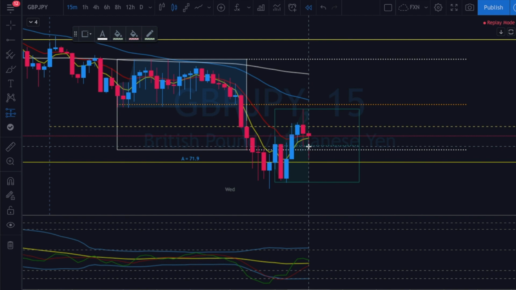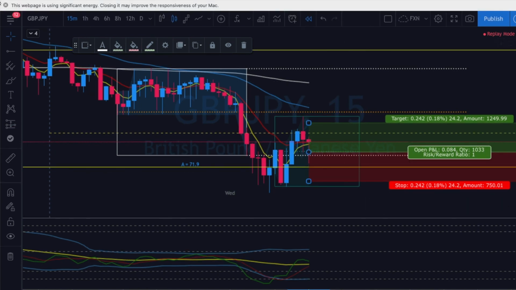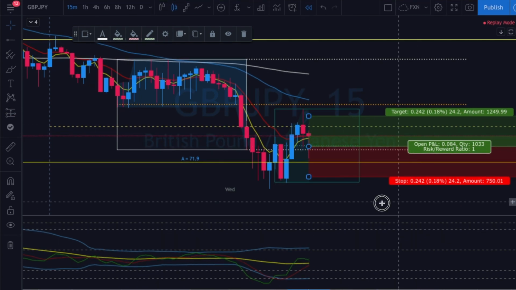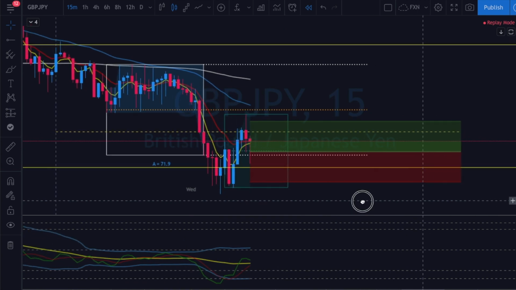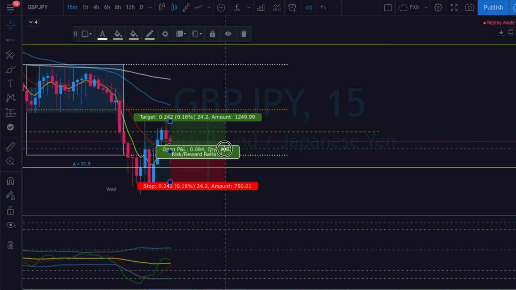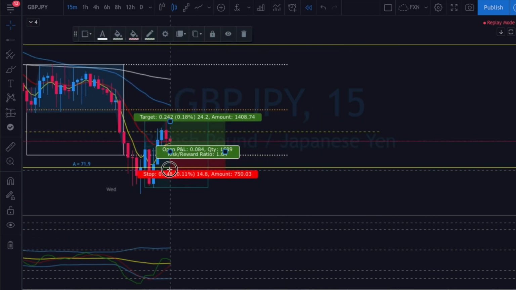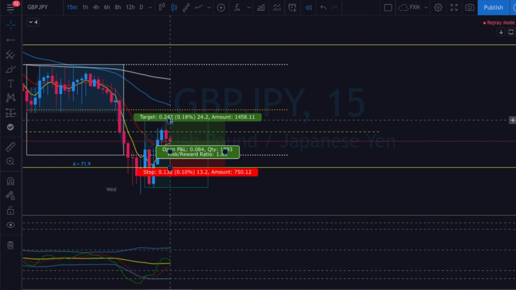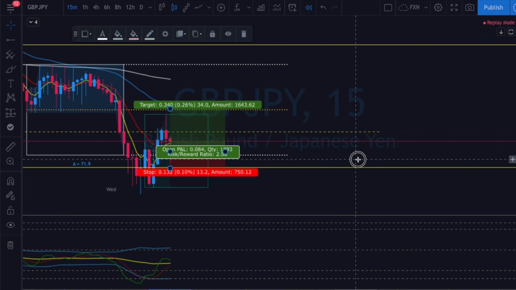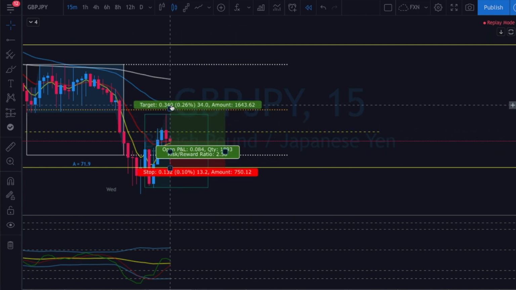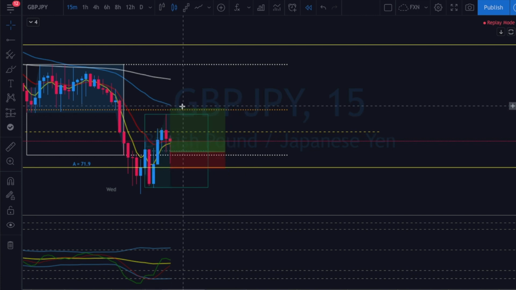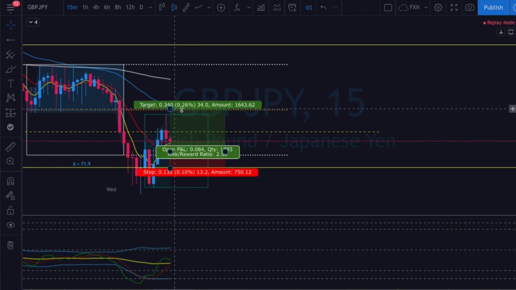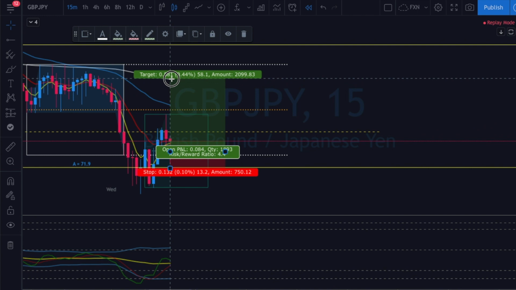Now, what would be essentially the setup, even if you were thinking about entering a trade like this? I'd be looking at, let's say, a 13 pip stop loss. The safe thing to do would probably be to go to the 50, the middle of the range, and then obviously the second target would be around the 200 EMA.